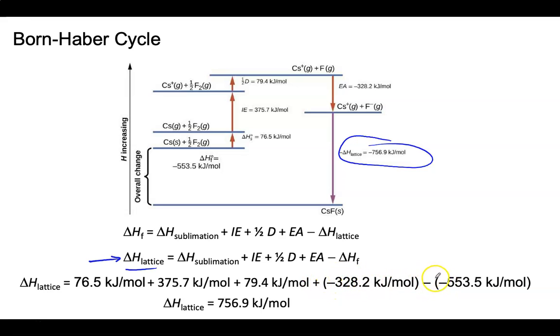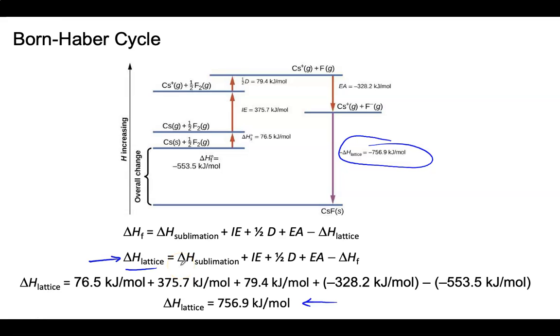Minus minus is going to be plus 553.5. When I do the math, I get the lattice energy of 756.9. Remember, it's positive. If I want to take the negative, like I could do here, I have to negate both sides. So that's how we figure out lattice energy.